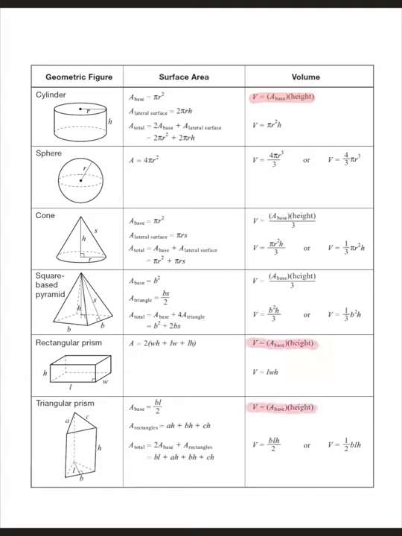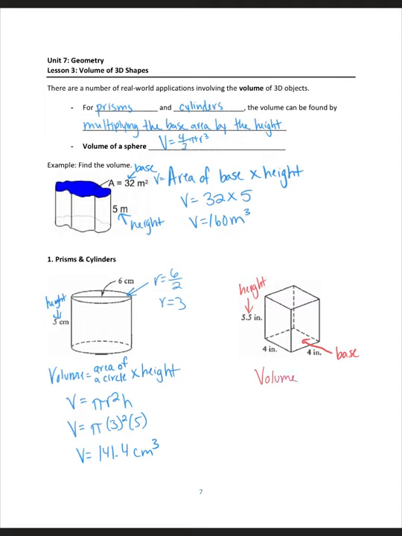All right, this next example, we have a square-based prism or a rectangular-based prism. So my base shape is this square, and our height is there. So a volume in this case will equal the area of my base, so the area of a square, times your height.